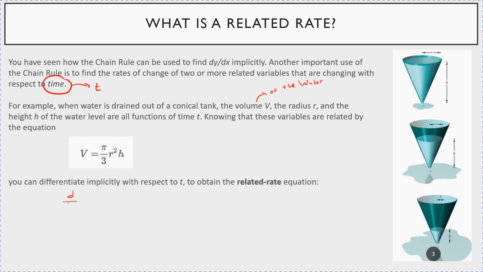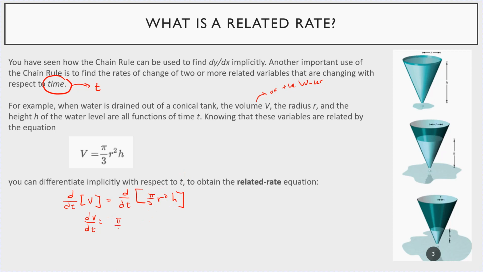I'm going to differentiate V with respect to t on one side, and I'm going to differentiate the other side with respect to t. This right here is just dV/dt, the rate of change of the volume with respect to time. Now, r and h are each functions of the time variable t, so you're going to need to use the product rule here.